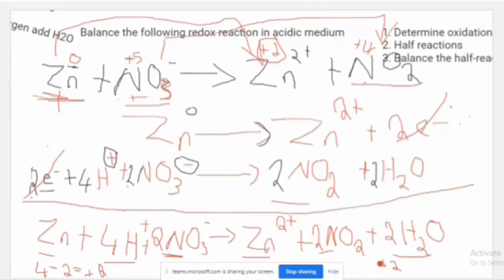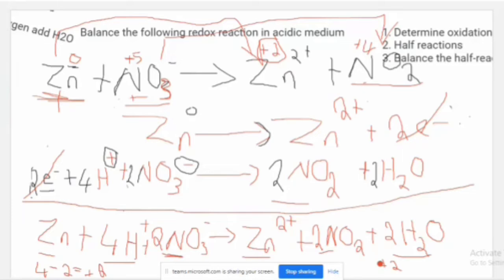So the first step is to determine the oxidation number. Second step, you get the half reactions using the oxidation states. The third step is to balance the half reactions in terms of atoms and also in terms of charge. After you balance the half reactions, you make sure that the number of electrons are the same for both half reactions.